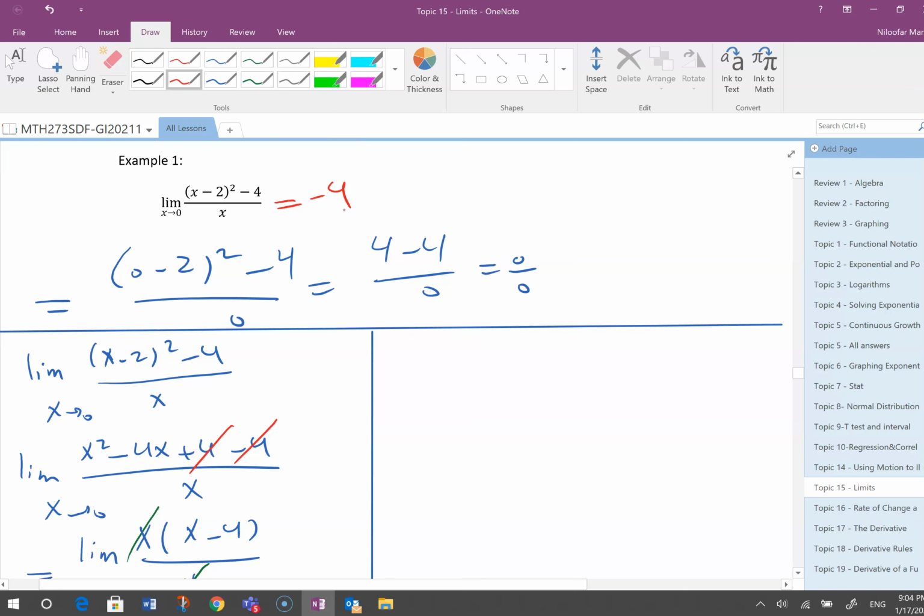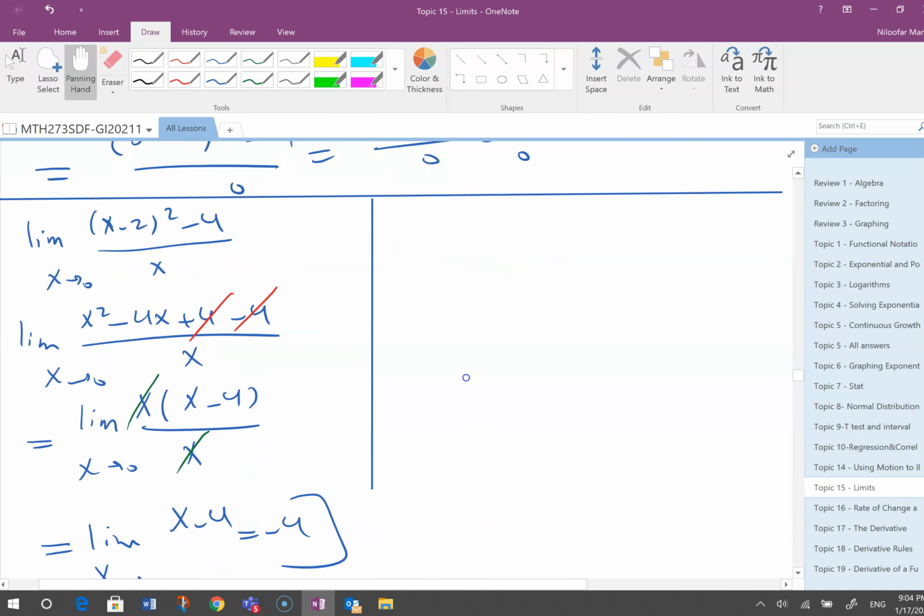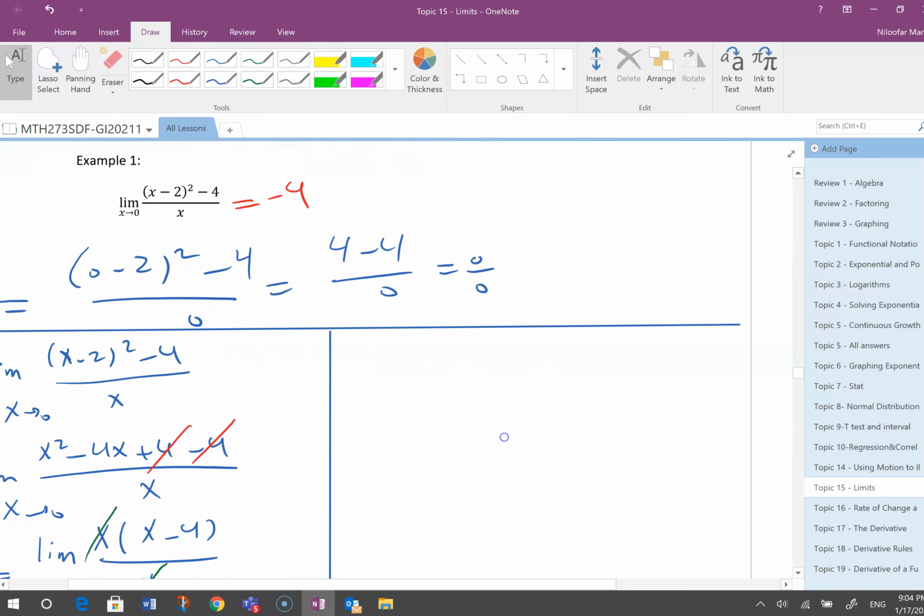Okay, beautiful. Then I want to show you another method. Limit, I can factor the top. Do you remember? Difference of squares. Yes, it's (x minus 2 minus 2) multiplied by (x minus 2 plus 2) divided by x, x goes to 0.